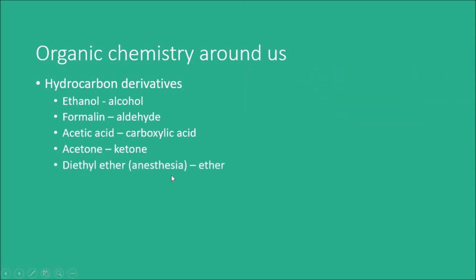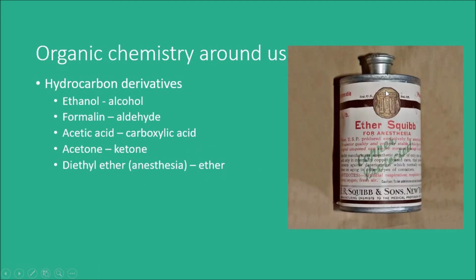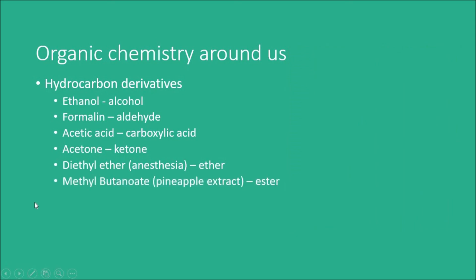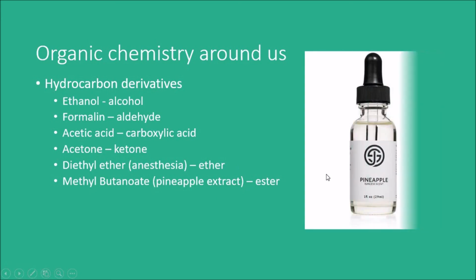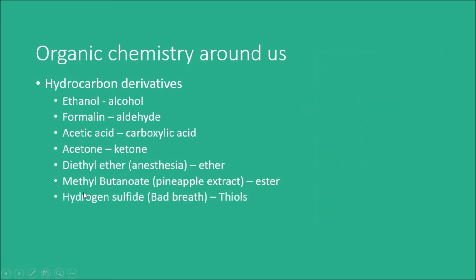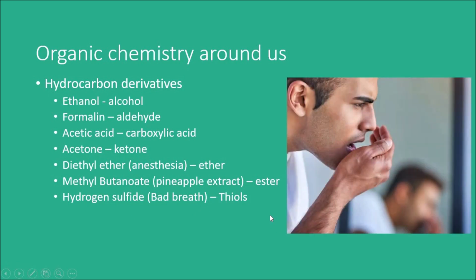We use diethyl ether as anesthesia. These are obviously from ethers. We also make use of methyl butanoate as pineapple extract. It's an ester. Hydrogen sulfide, thiols, it is an organic compound. Bad breath.